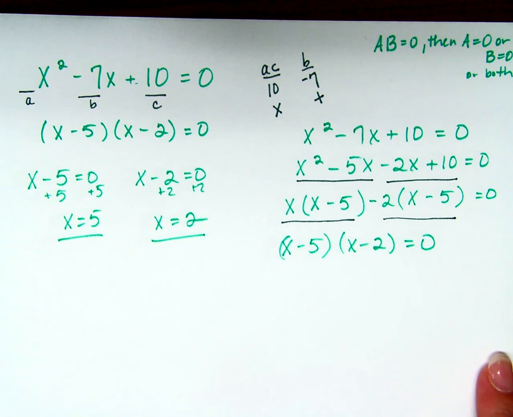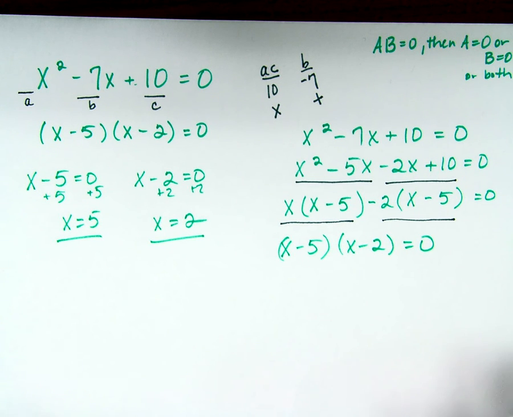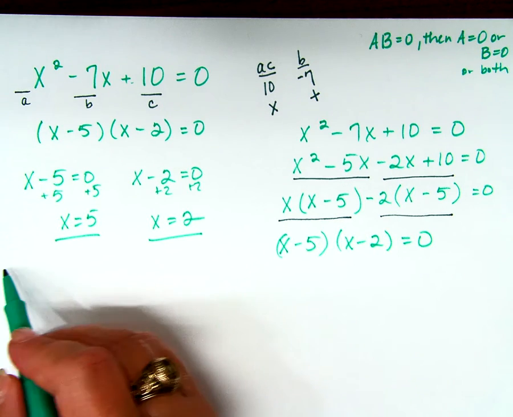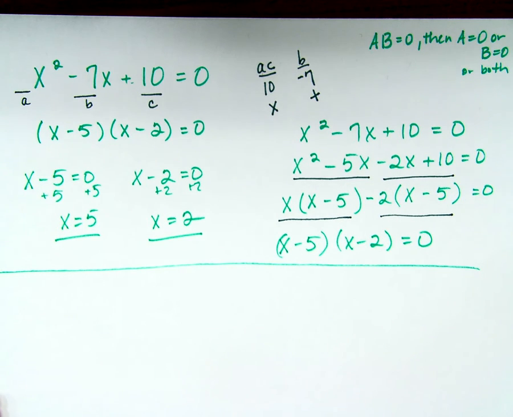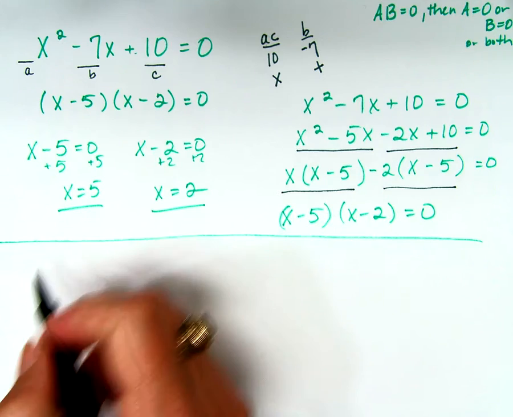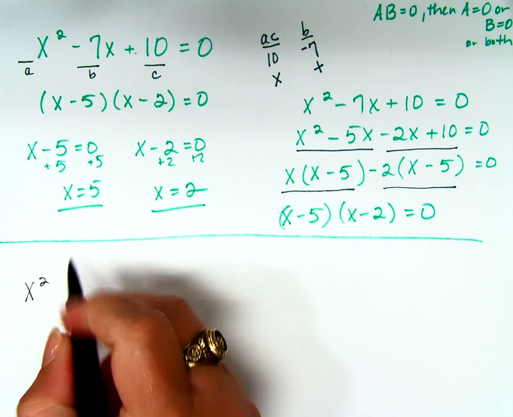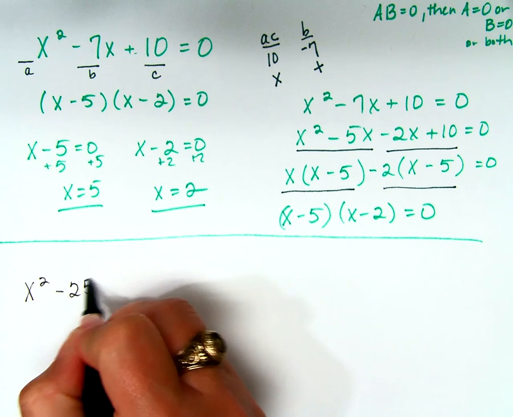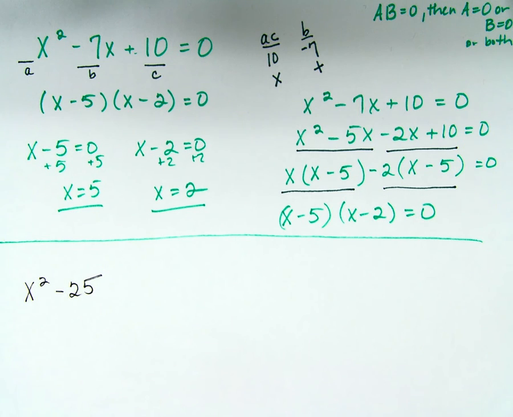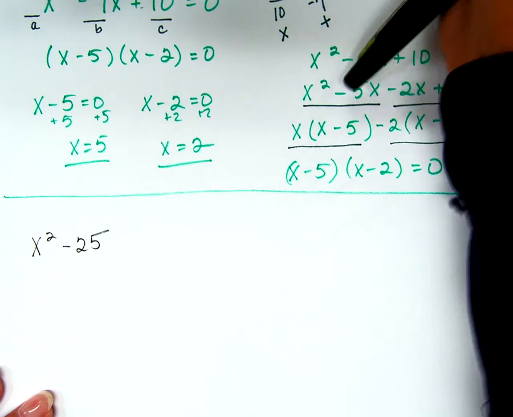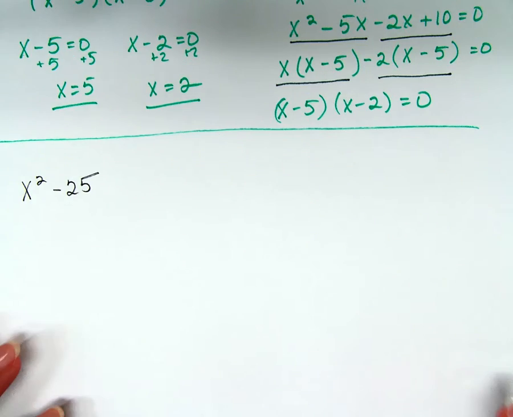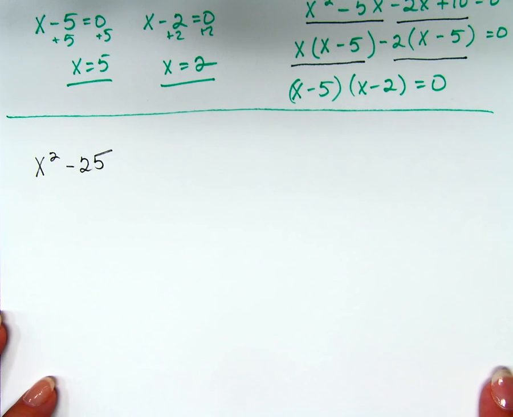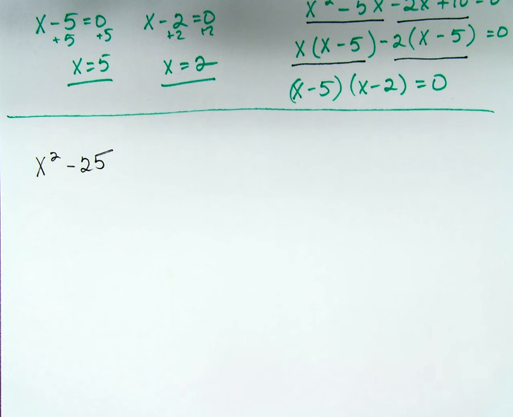So that's what we do if it's a trinomial, right? Well, what if it's not a trinomial? Okay? What if it looks more like something like this? That's just a binomial, right? Is there anything special about each of these numbers? They can be square rooted, right?